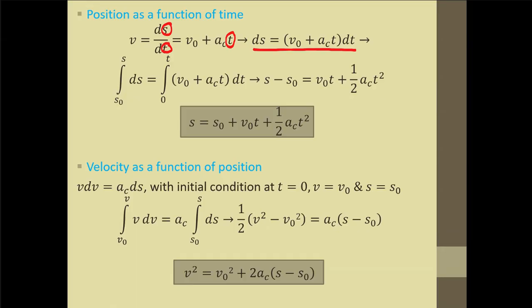Then take a look at the right-hand side. We have only the t variable. Whereas the left-hand side, we have only the s variable. So the s variable and t variable are now completely separated, right? And integrate separately. Time starts at 0. When time is 0, then this is the initial position.